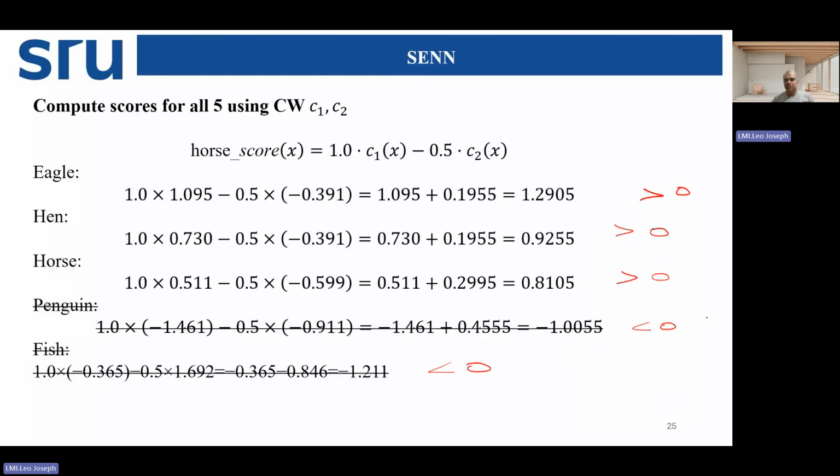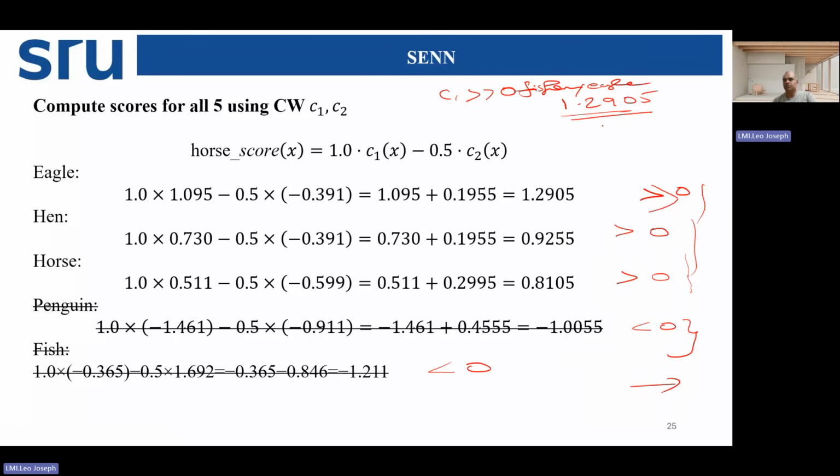Now you can see these two things form one axis and these three things form another axis. So if you compare this value 1.2905, this is strong positive, very much greater than 0. That means the first coordinate is very much greater than 0, and as per the rule, if C1 is very much greater than 0, then it belongs to either the hen or eagle category.